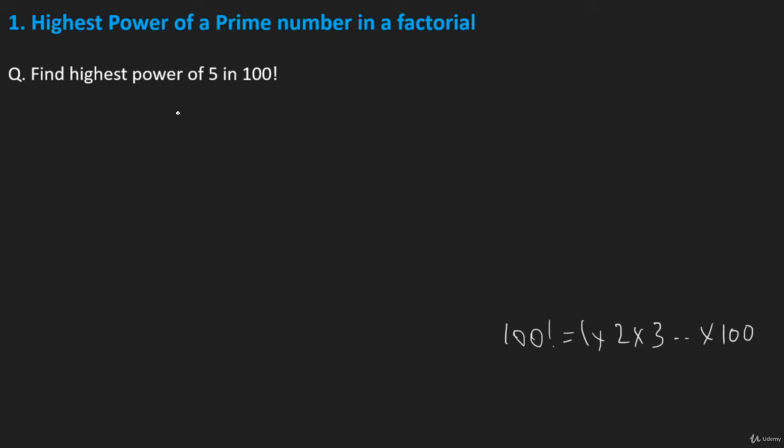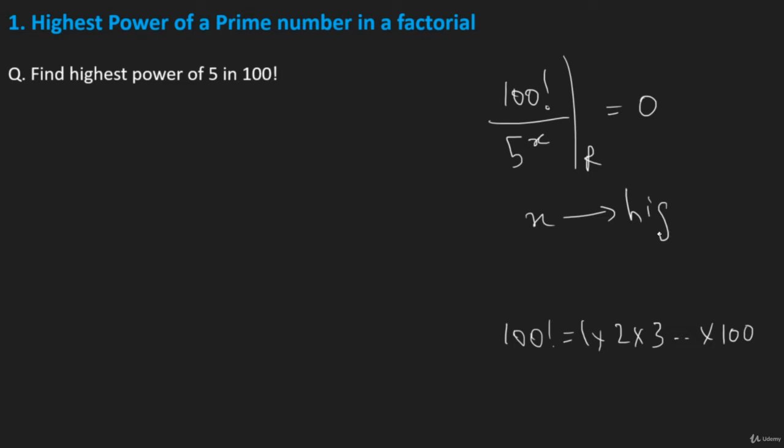Now we need to find the highest power of 5 that can perfectly divide 100 factorial, right? Or I can rewrite this question as 100 factorial divided by 5 to the power x gives me a remainder of 0. Find the highest value of x. That's the same question that we have over here.